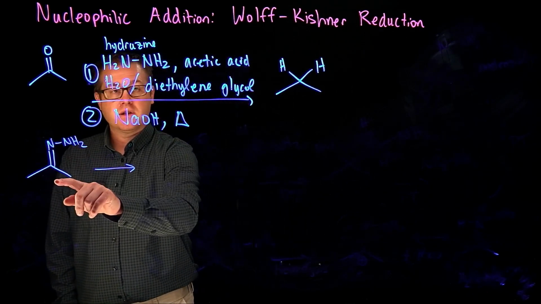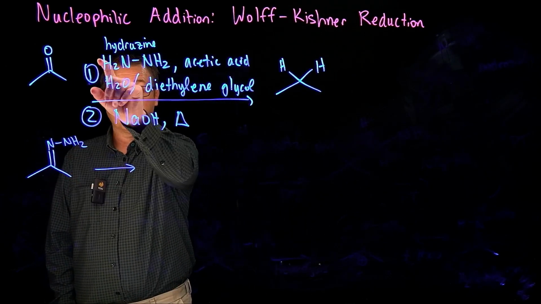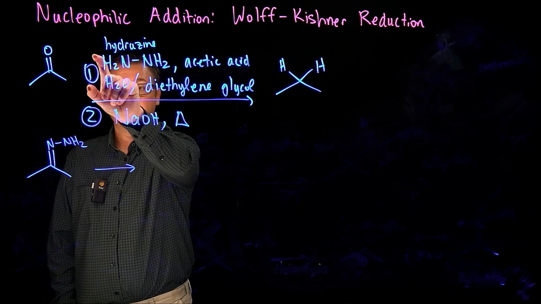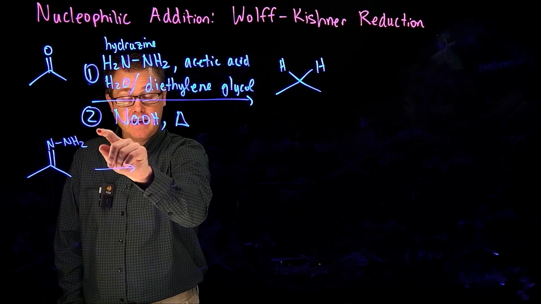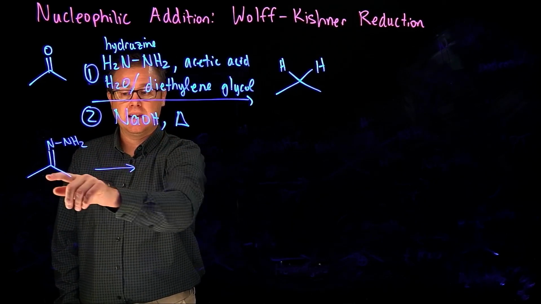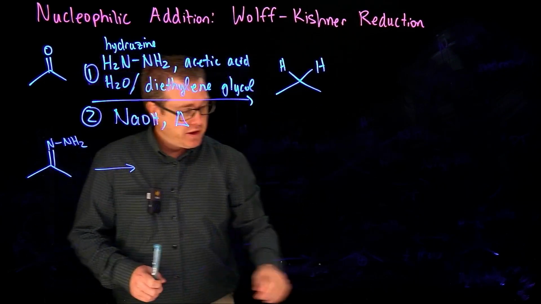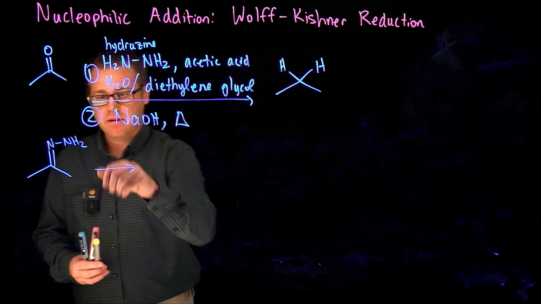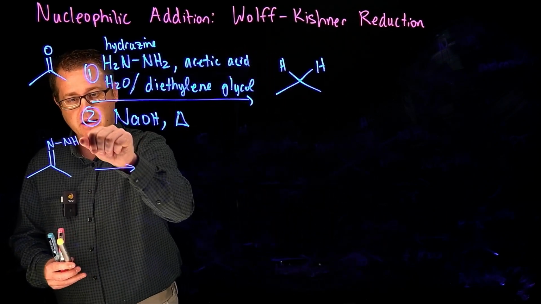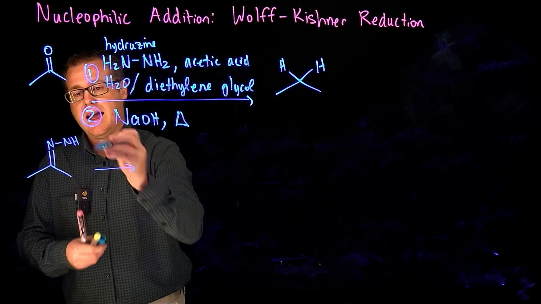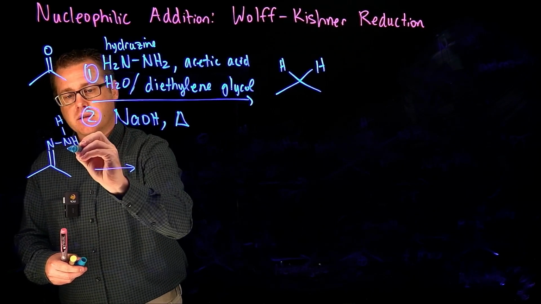So this hydrazone right here is formed after the first step. So now we want to go to the second step by adding some base and heat to get the hydrazone into the alkane. So what I'm going to do here is take one of these hydrazone hydrogens right here, and I'm going to extend it out like so.